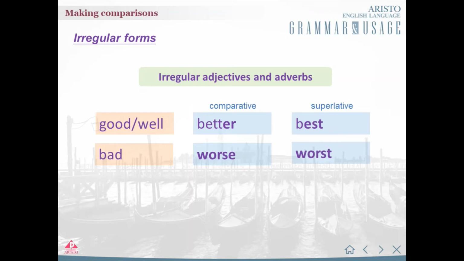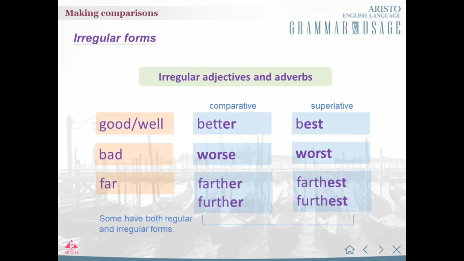When used as a comparative, it becomes worse, and when used as a superlative, it becomes worst. Let's take a look at another example. The adjective far. This adjective can become either farther or further when used as a comparative, and farthest or furthest when used as a superlative.